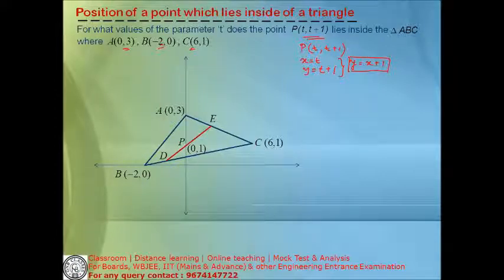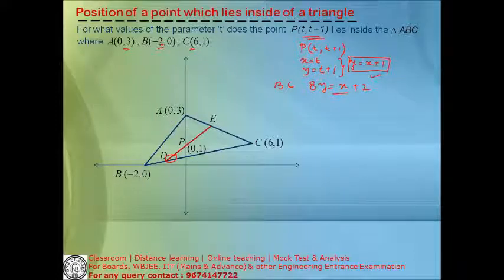For that, we know that the equation of BC is 8y equals x plus 2. Now if we solve this equation and y equals x plus 1, we will get the coordinates of this point D. We are only interested in finding the abscissa.